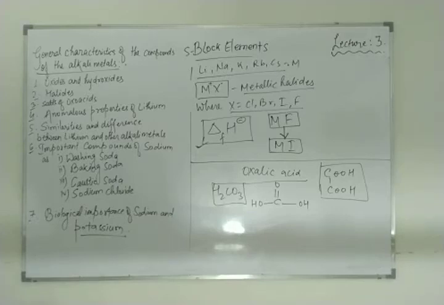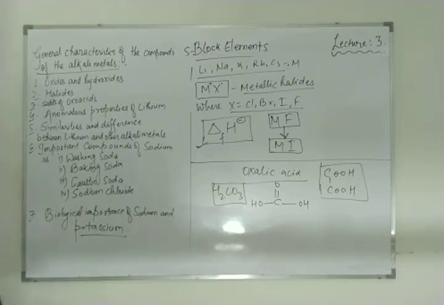Lithium carbonate is not so stable to heat, but cesium carbonate is much more stable. Lithium, being very small in size, polarizes the large carbonate ion, leading to the formation of more stable lithium oxide and carbon dioxide. Its hydrogen carbonate does not exist in solid form.